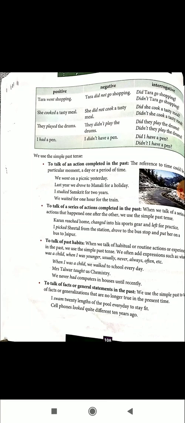When I was a child, we walked to school every day. The habitual action is in the past. Now it is not happening. In the past, it happened sometimes or quite many times. In such a case, we have to use past tense. When I was a child: was is a verb, past tense. We walked, past tense.